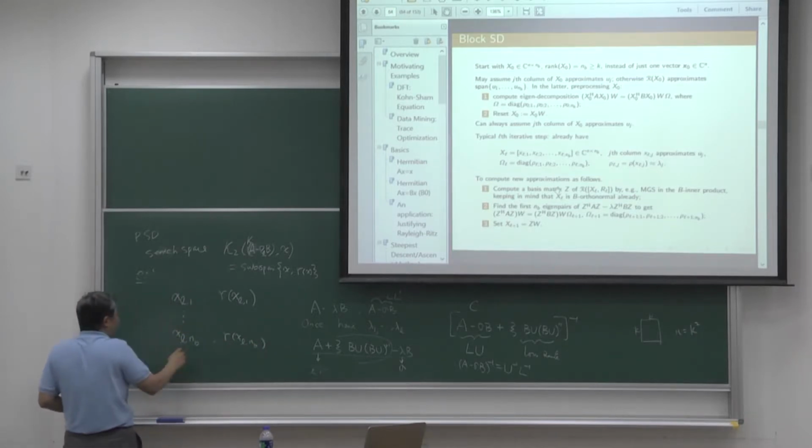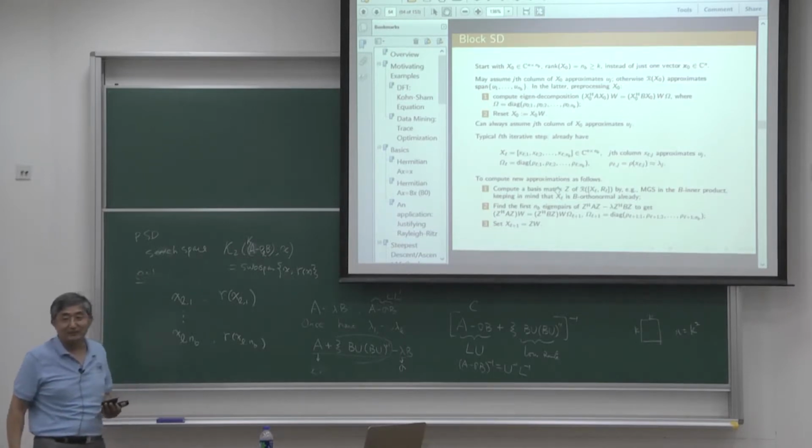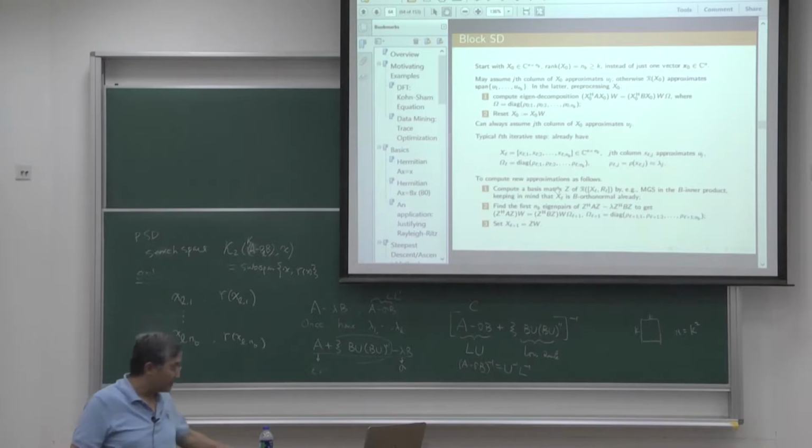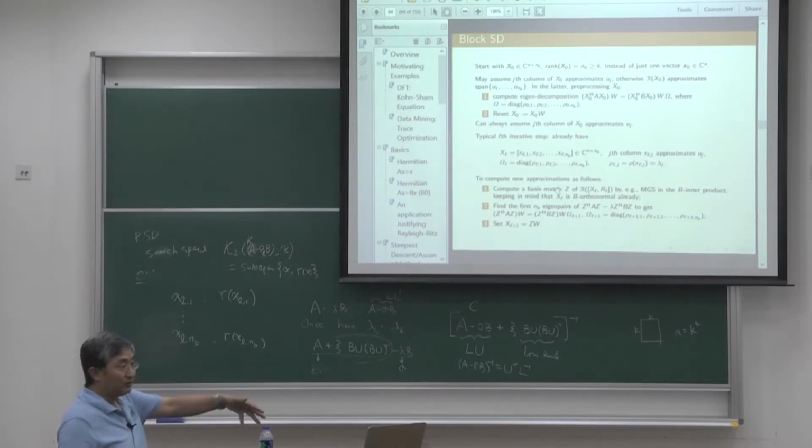And then in the end, you just put all those vectors together. How many vectors? 2 nb vectors. You put the x vectors and the residual vectors together. You form a space of dimension usually 2 times nb, and that will generate a subspace. But it's possible that as the computation goes, some of R is going to be almost 0.